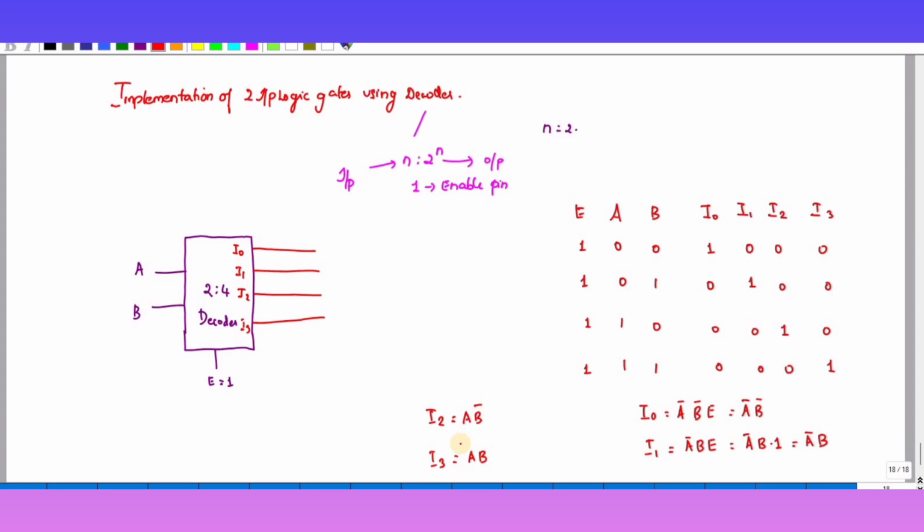So suppose I want to implement an OR gate. The question is to implement a 2 input OR gate using a decoder.